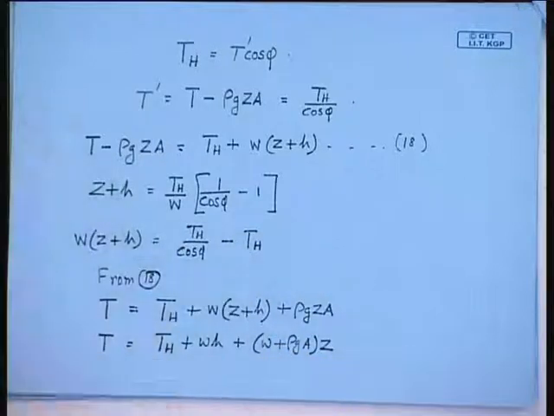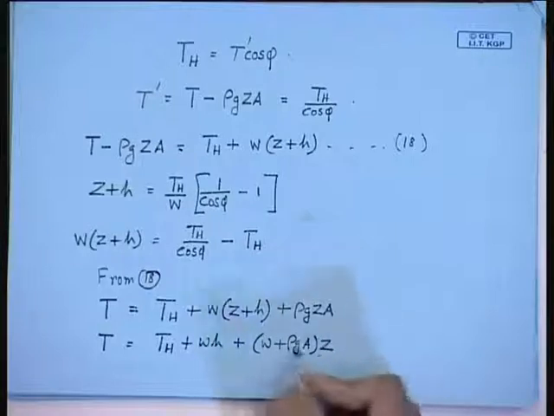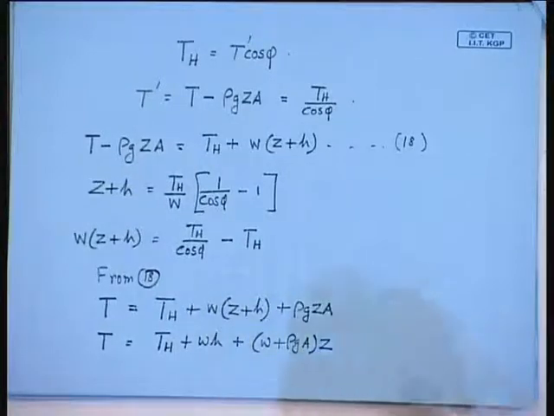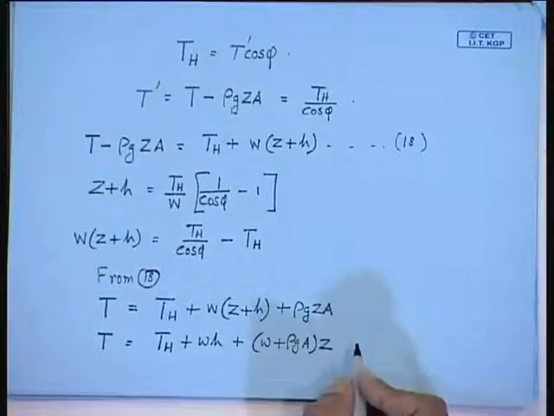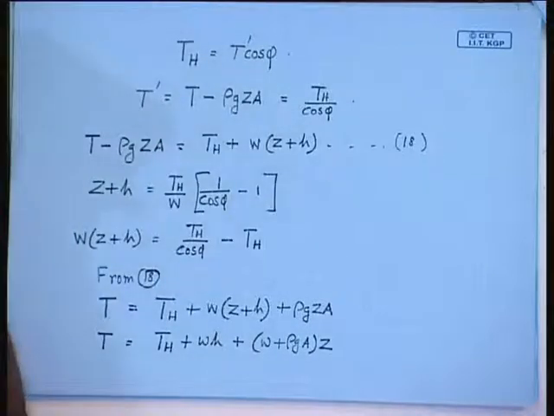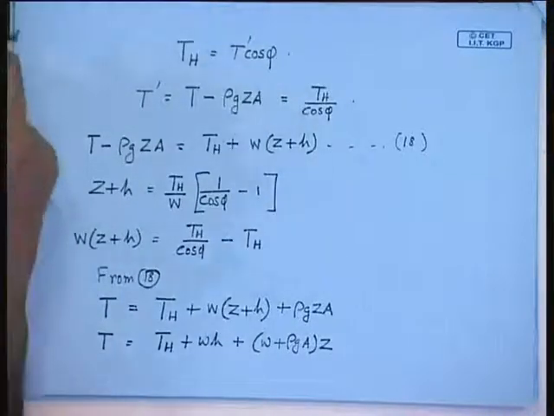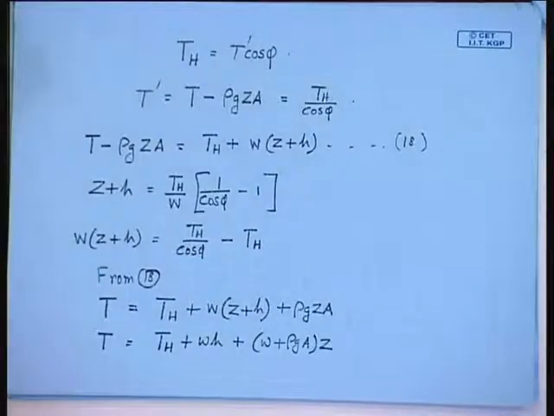W is the weight of chain in water. Rho g, of course, the density and all that you know, the cross section of the cable you know, but you should know Z, the depth at which you are doing the calculation. From there you get the T. So T will come out somewhere here at a particular Z. So this is the Z point you have to find out.